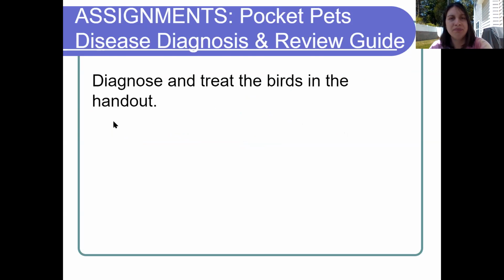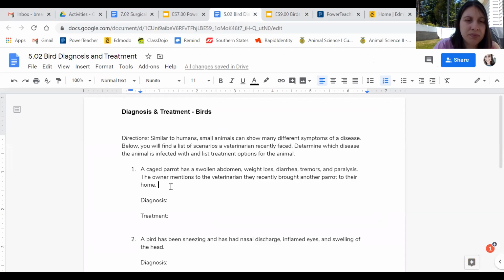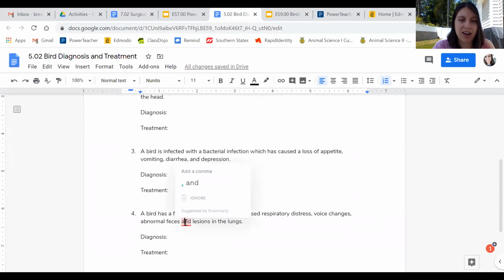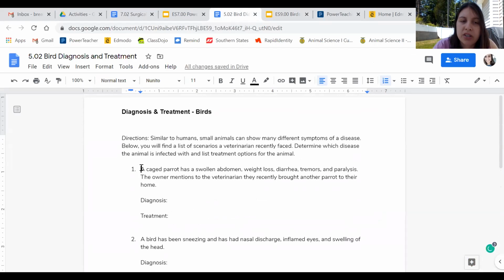So what you guys are going to do is go through and answer these 4 questions on diagnosing and treating these birds. Read the scenario.